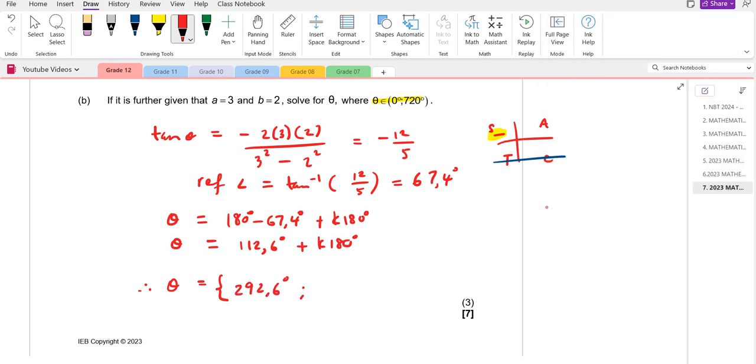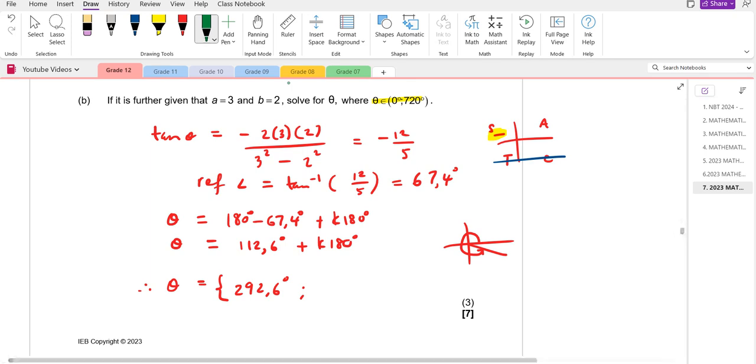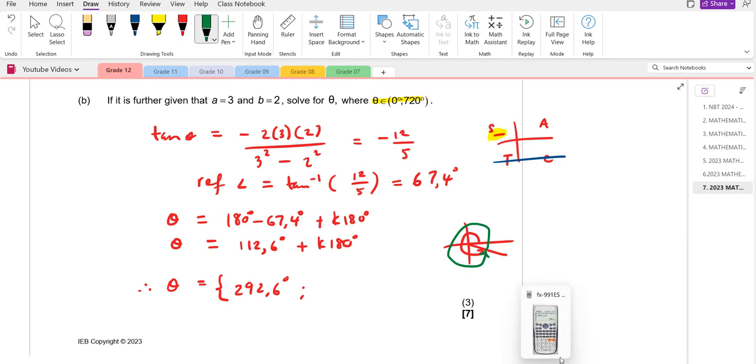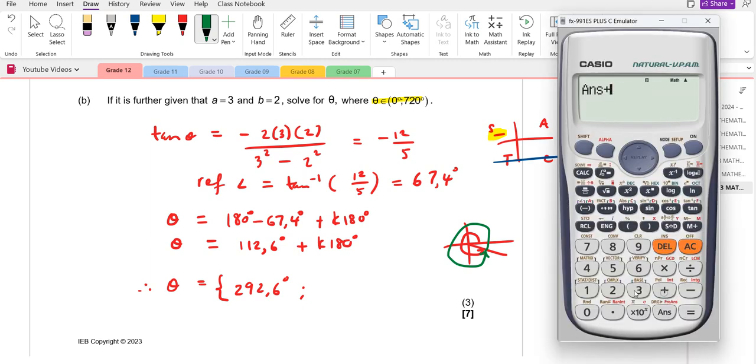And the second solution will be, remember, you are in the fourth quadrant, right? So now this is 292.6. So how will you come back to the fourth quadrant? By going another revolution right around. So you're just adding 360 again to 292.6. So plus 360, this is a thinking problem, right? 652.6.